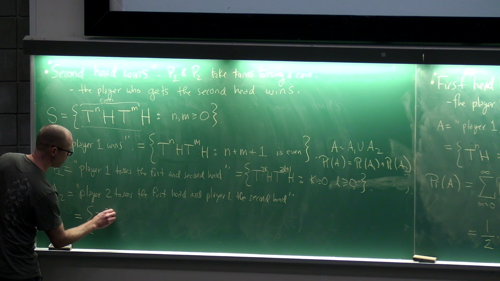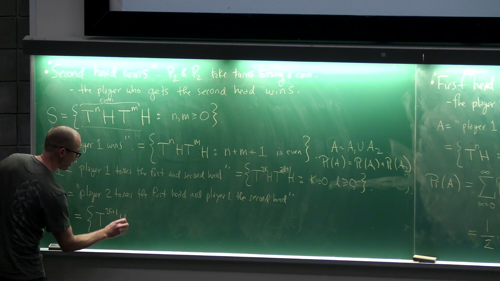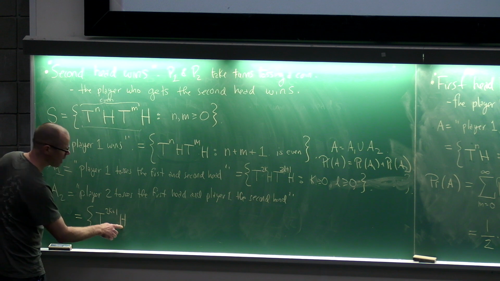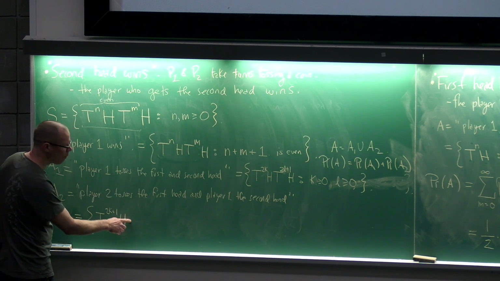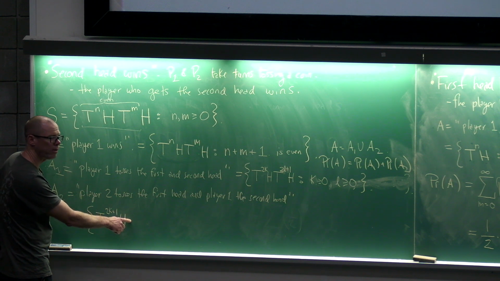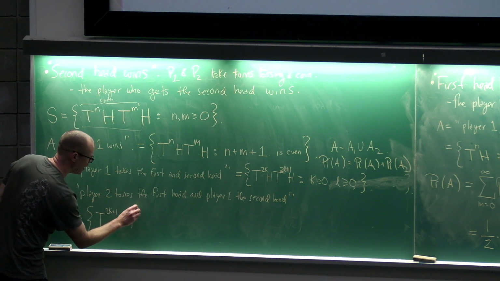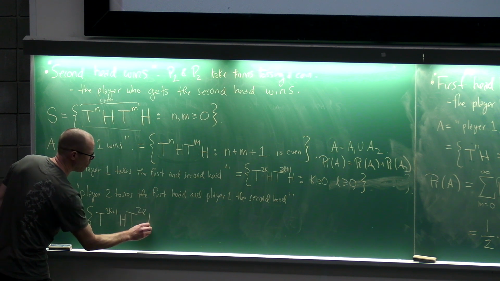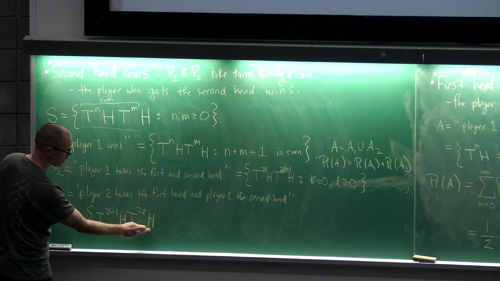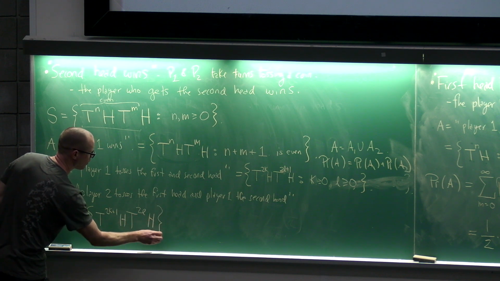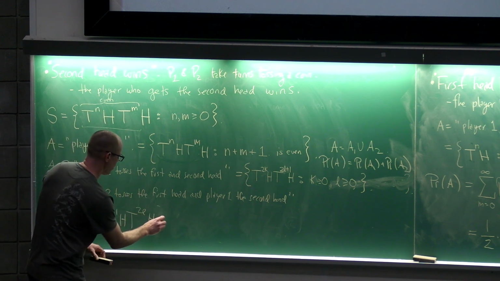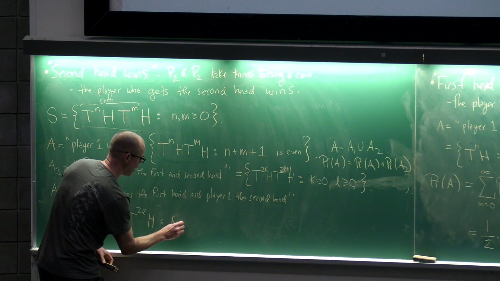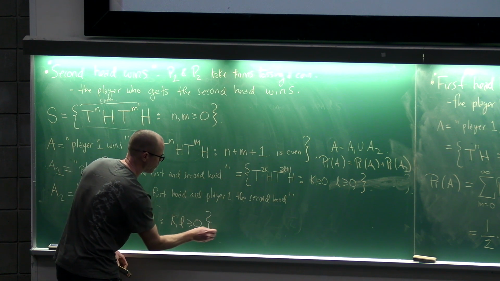So we'd write that as 2k plus 1. Then we get a head. This is a head that player 2 just tossed. That means right now the coin is in player 1's hand. So we get an even number of tails followed by the head, which is the coin still in player 1's hand. So that's what that looks like, and that's for k and l bigger than or equal to 0.